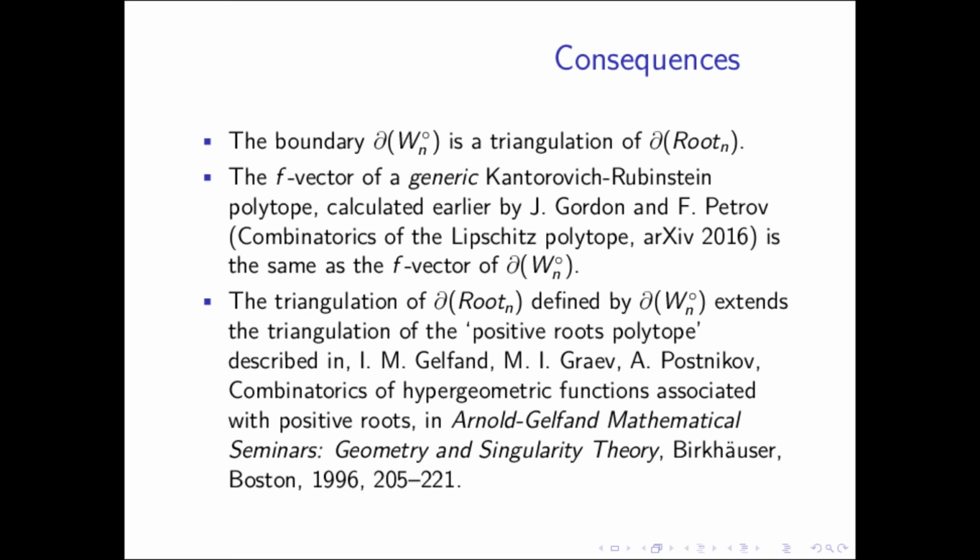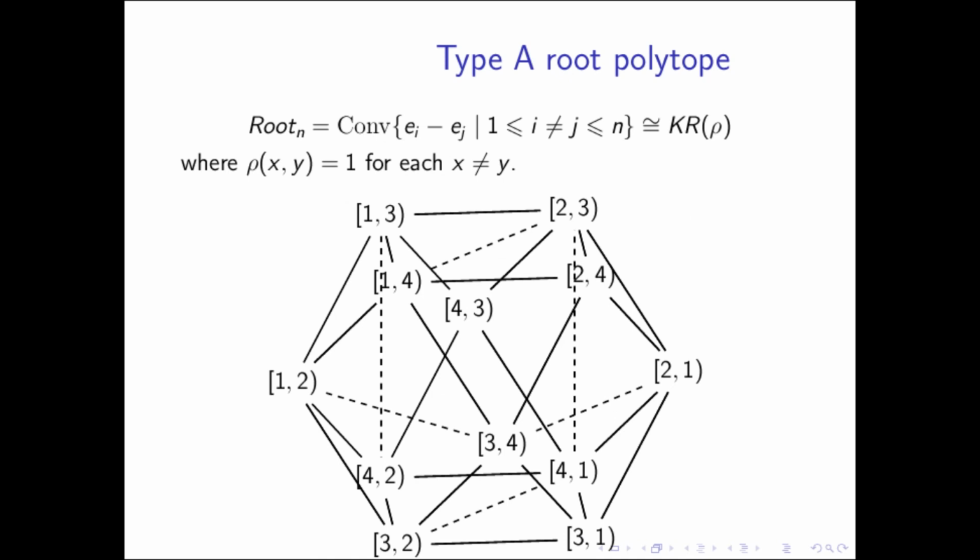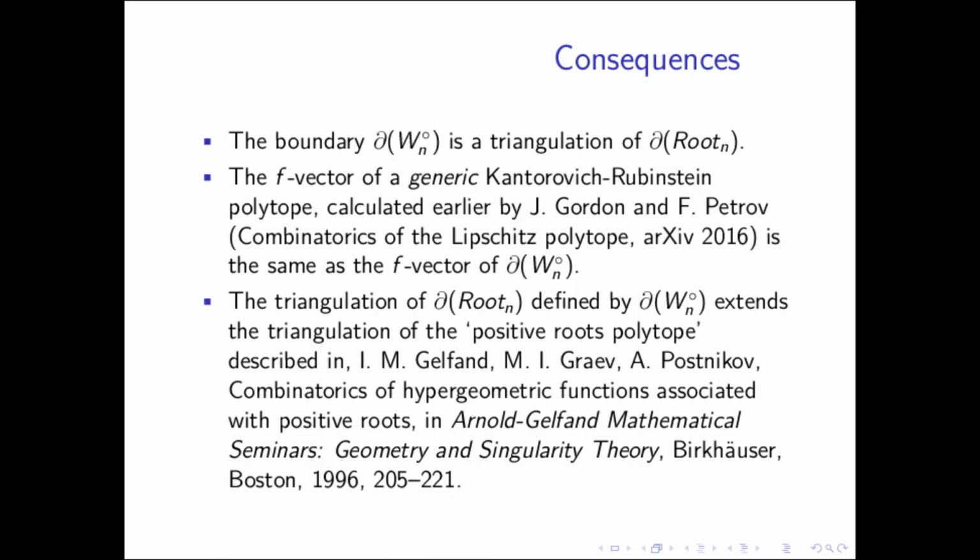So a corollary is that this is a simplicial polytope, being the dual, the polar of the cyclohedron, which is a simple polytope. The boundary is a simplicial complex, and it triangulates the boundary of the root polytope. So we have seen this picture. Maybe you can see that some of the faces are not simplicial, and it is always a corollary.